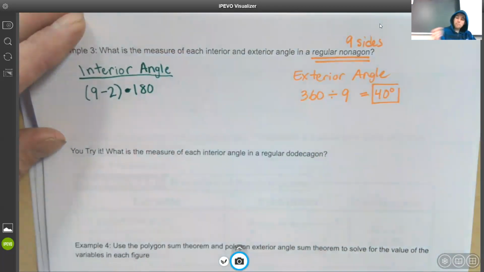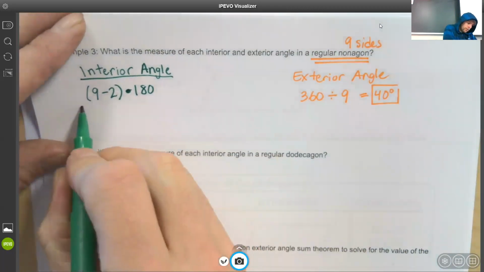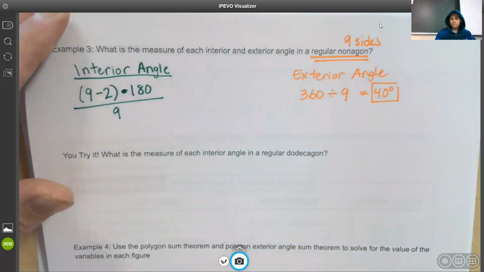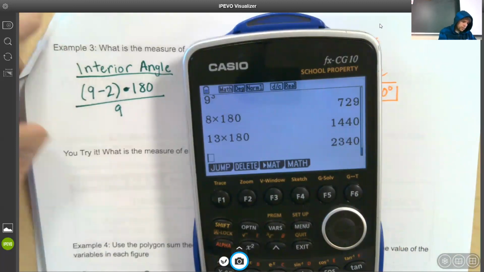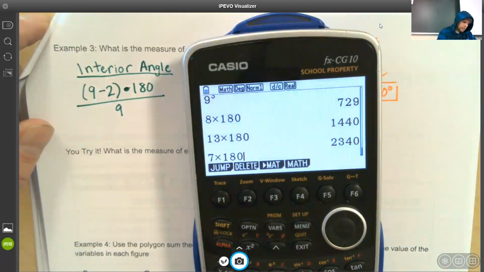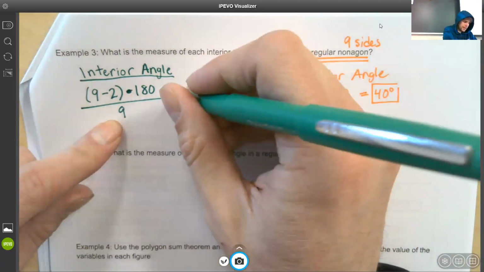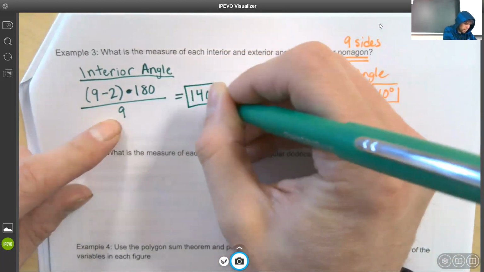That's going to be the sum of the interior angles, all 9 of them added together. So then if we divide that by 9, that's going to be the measure of each angle. So let me do this calculation. 9 minus 2 is 7 times 180, divided by 9 is 140. So that tells me that each interior angle will be 140.